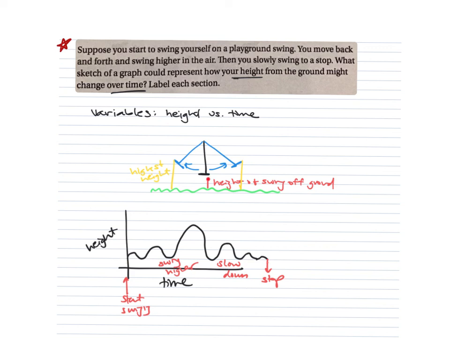But as you start to swing, you swing a little bit higher, and then you go back to where you started, and then you swing even higher than that, and you go back to where you started, and then you get even higher than that, and then you get back to where you started, right? Forwards, back, backwards, back, and then you stop.